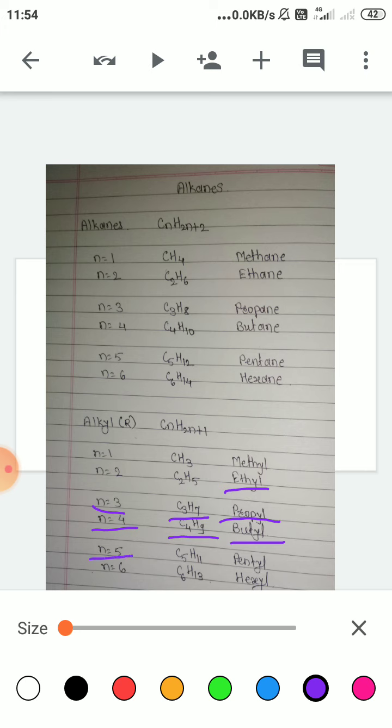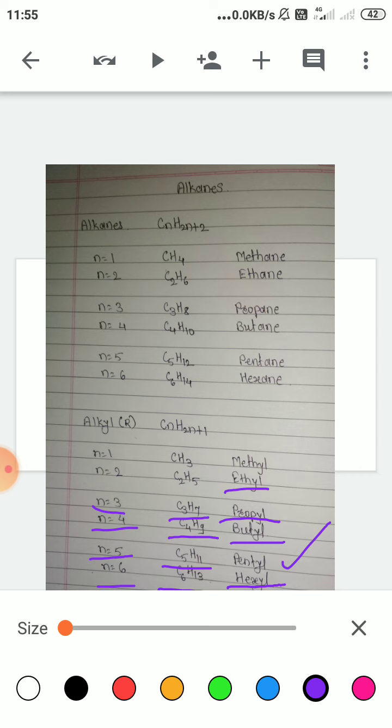If n is equal to 5, then C5H11 and the alkyl group is pentyl. Similarly, n equal to 6 gives C6H13 and the alkyl group hexyl. In a similar way we can prepare any number of alkyl groups.